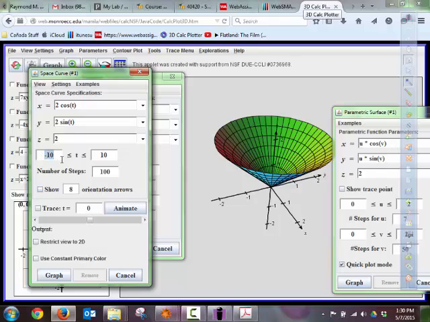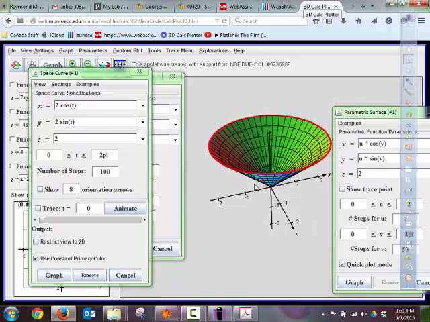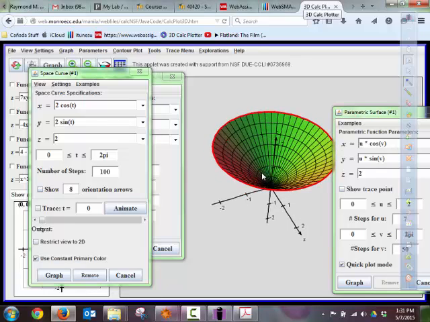Limits? 0 to 2 pi. Can you see it? It's on the rim. All right?